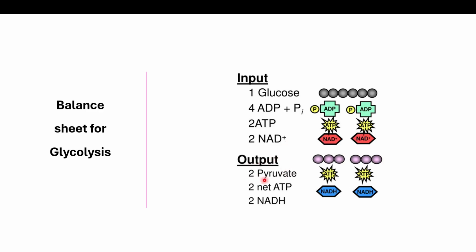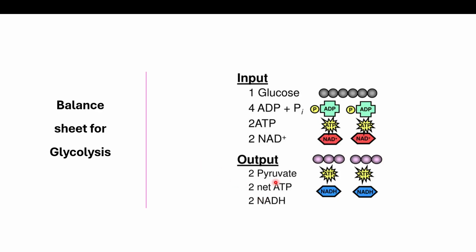The output finally is 2 pyruvate molecules, 3-carbon moieties, and 2 net ATP, because 2 are used up and 4 are released. And 2 NAD plus are incorporated, and we get 2 NADH molecules out of this glycolytic pathway.